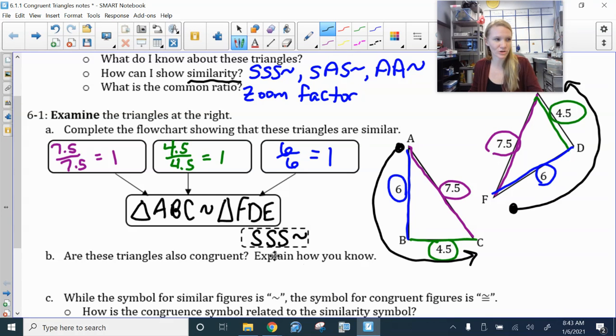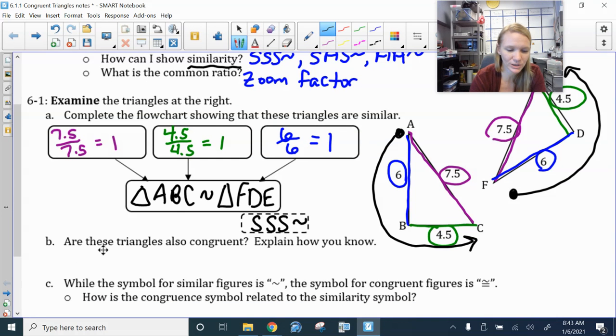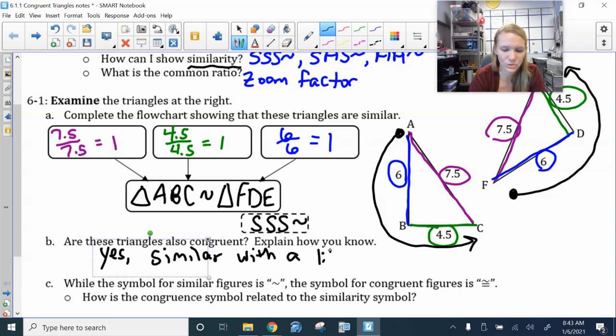We know triangles are congruent when they are similar. So are they congruent? Yes, because they are similar with a 1-to-1 ratio, meaning the zoom factor is 1. So maybe even putting that in there.